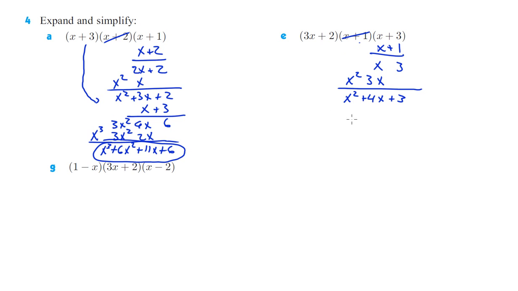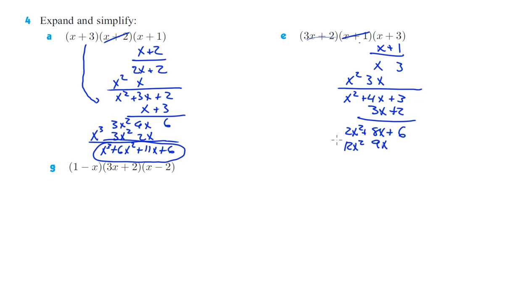And I'm going to move my 3x plus 2 underneath here. 3x plus 2. Okay. 2 times 3 is 6. 2 times 4x is 8x. 2 times x squared is 2x squared. And then 3x times 3 is 9x. 3x times 4x is 12x squared.